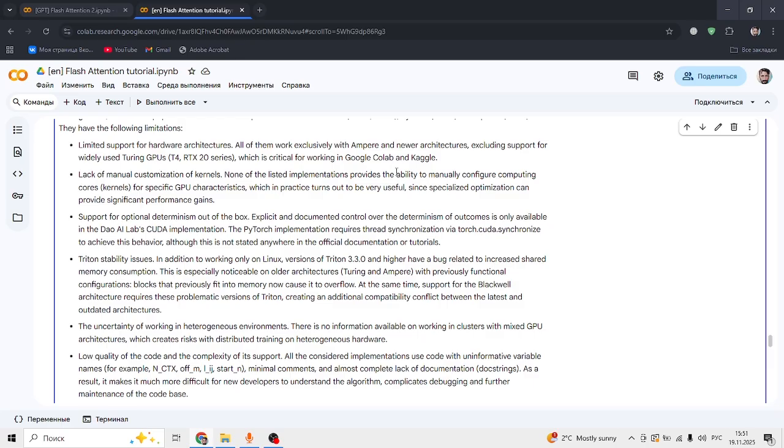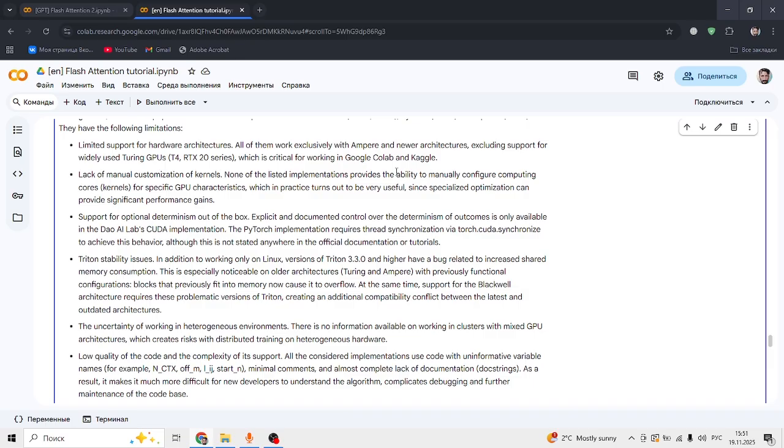There is a project like Triton Windows, and in my implementation, when you start installing this library, you can get the correct Triton version depending on the platform. And also there is one problem with Triton: starting with Triton versions 3.3 and higher there is a bug linked with increased shared memory consumption, and this is noticeable especially on older GPUs like Turing or Ampere.